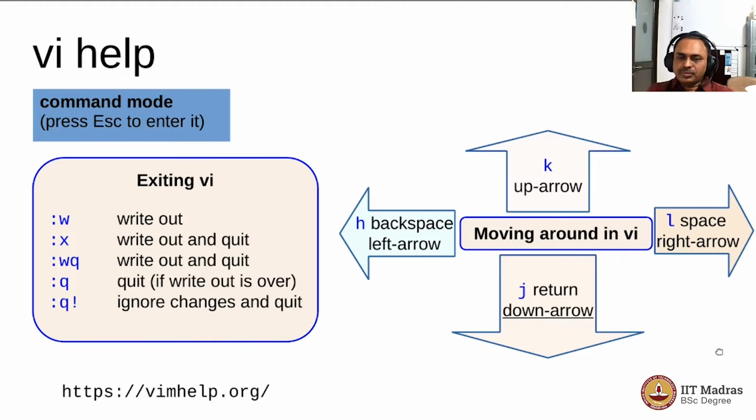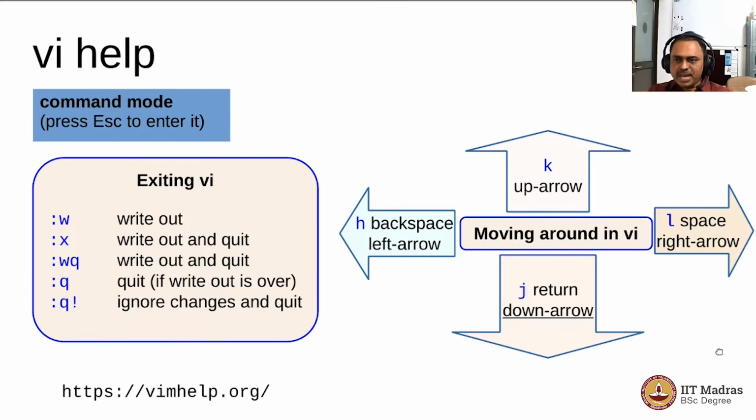Okay, and the K would actually take you upwards in the screen, and after some practice you start getting used to it, so you don't need the arrow keys at all, but they also work if there is no problem with the settings of the terminal. And the backspace would remove the text only if you are in the insert mode, but if you are in the command mode, then the backspace is same as moving to the left.